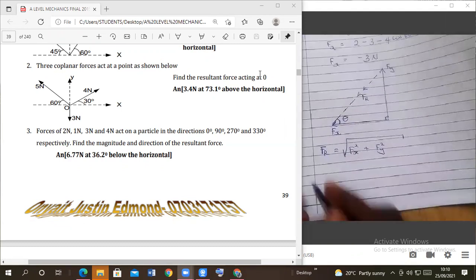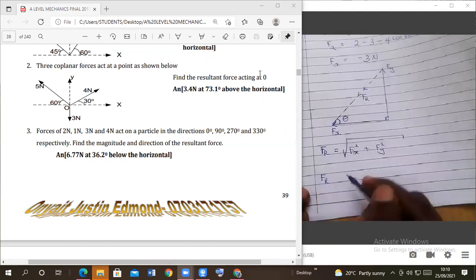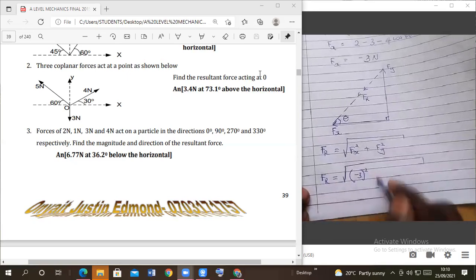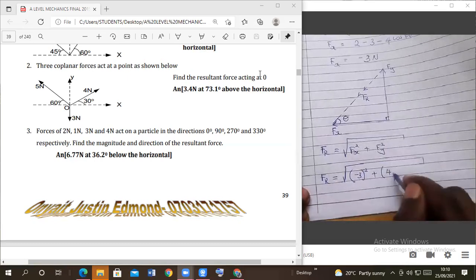Yes, teacher. So Fr is equal to the square root of Fx, which is negative 3 squared, plus 4.4641 squared.